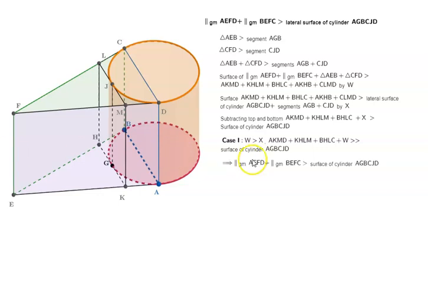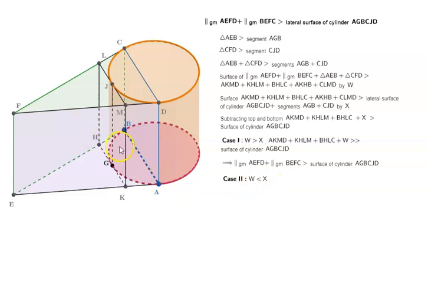Which means parallelogram AEFD plus BEFC is going to be greater than the lateral surface of the cylinder AGBCJD. Why? Because we have already shown that triangle AEB and CFD is greater than the segment AGB plus CJD. Now, what happens when W is less than X?